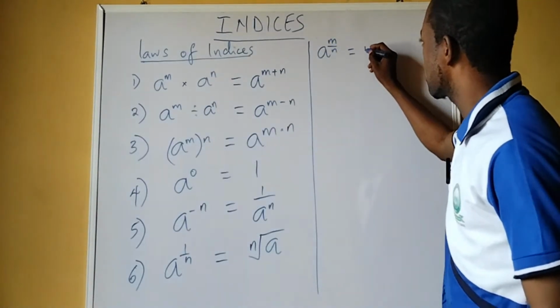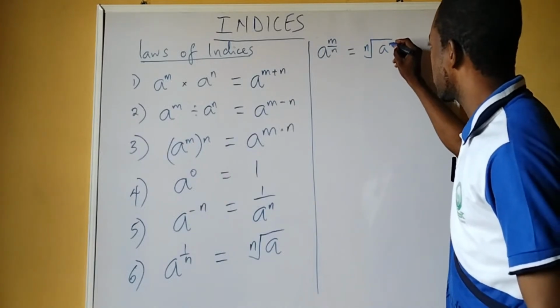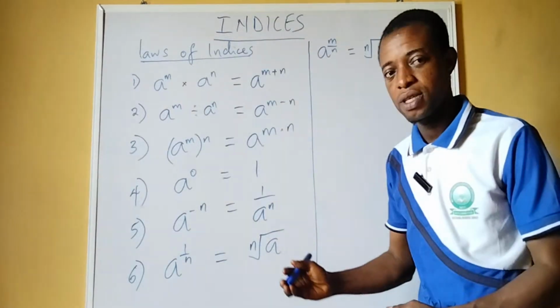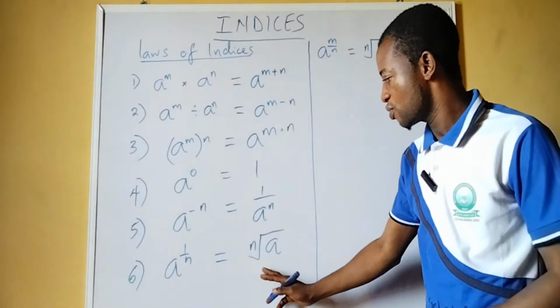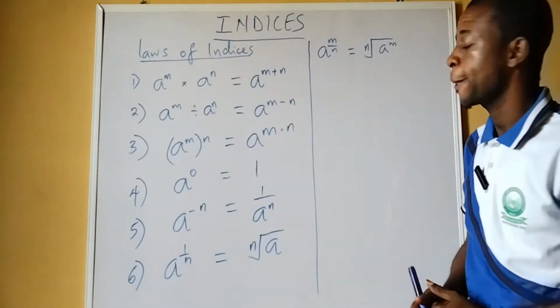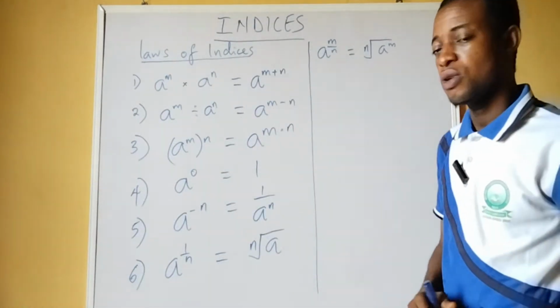This now becomes the nth root of a raised to power m. And in this case, it's similar stuff here. The nth root of a raised to power 1, a raised to power 1, is the same thing. Okay? So these are some of the important laws that we should know.